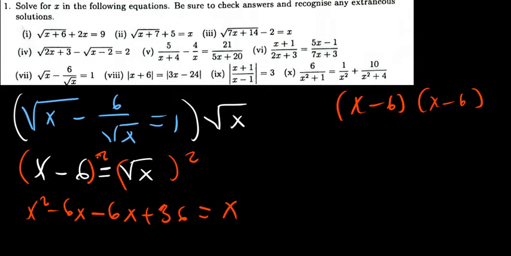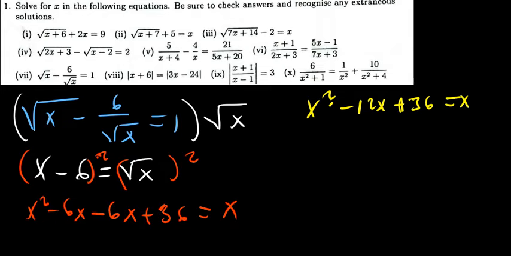Meaning I now have x squared, and these are going to give me negative 12x, then plus 36 is equal to x. Shift x to the other side.